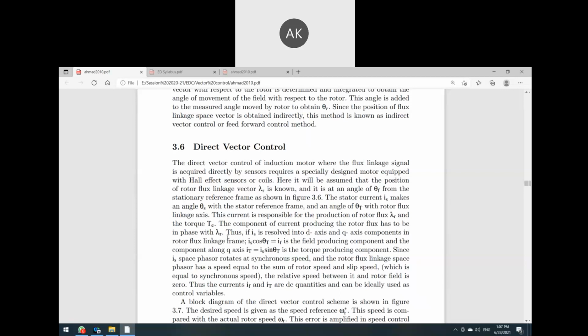Thus, if the current is resolved in the d axis and m axis, we get the field producing component, and the component along the q axis is the torque producing component. So basically, we convert to the d axis and q axis components, which are responsible for the field and the torque controlling.